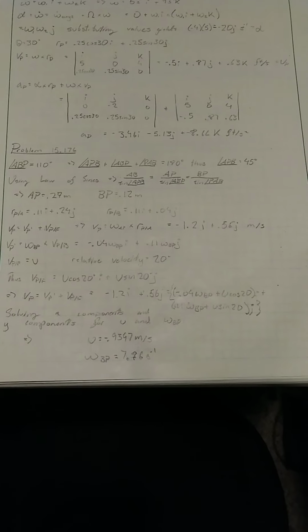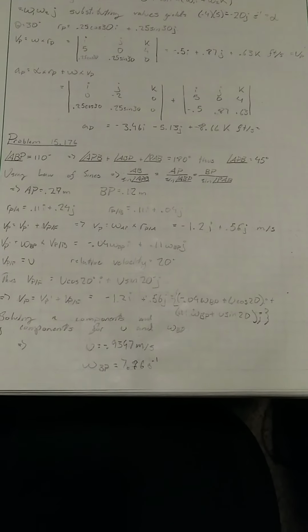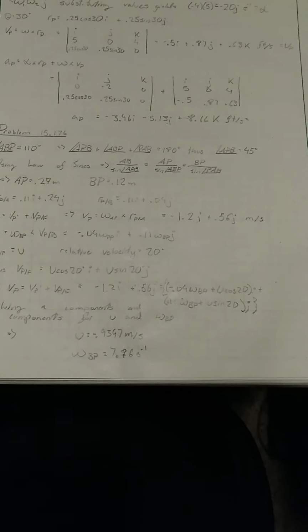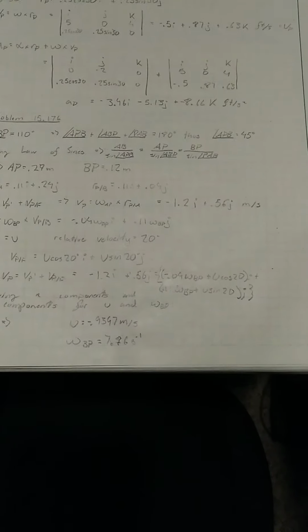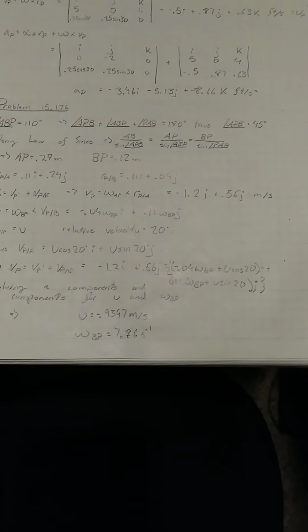So we start out at the point B. The sum of the angles is 180. So we know the sum of angle 70 degrees and angle ABP is 180, so we can find that our angle ABP is 110 degrees.